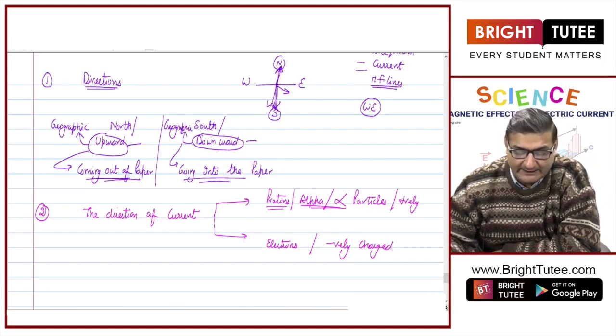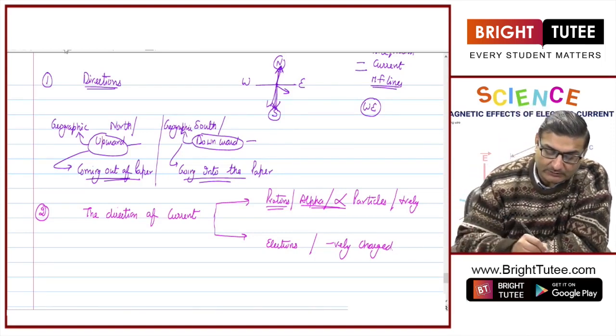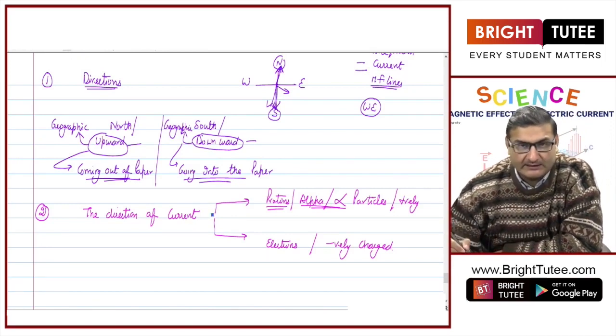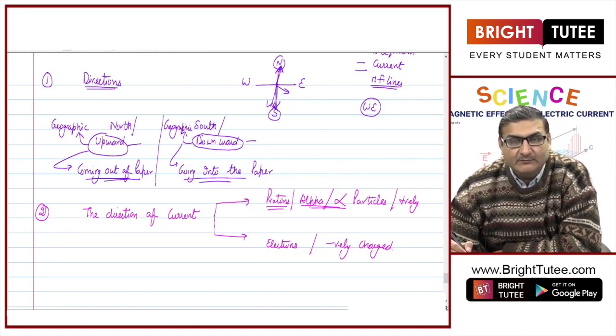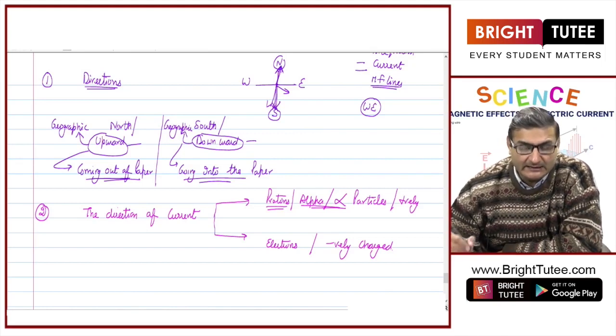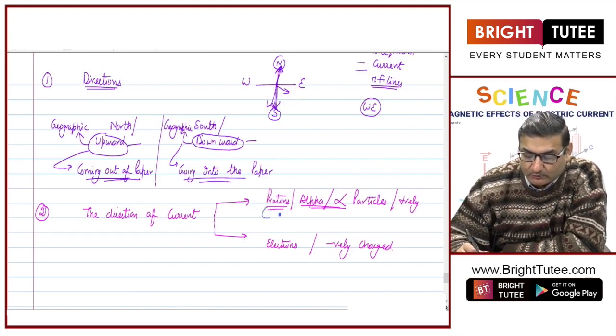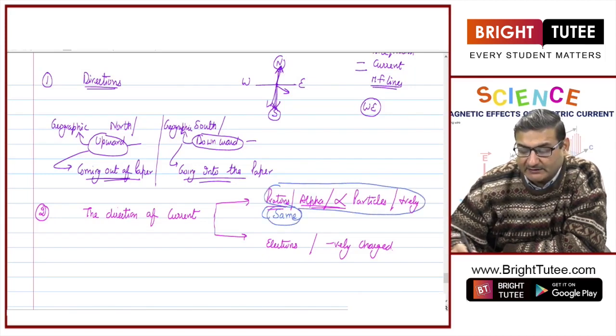Now, importantly, when we are talking about the direction of current, while doing the questions we will take the direction of current to be the same as the direction of positively charged particles.